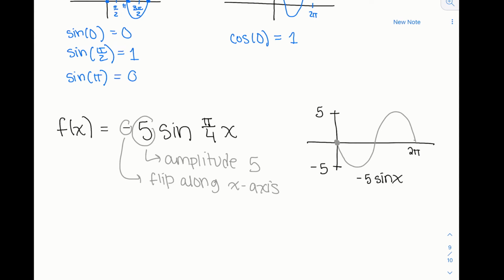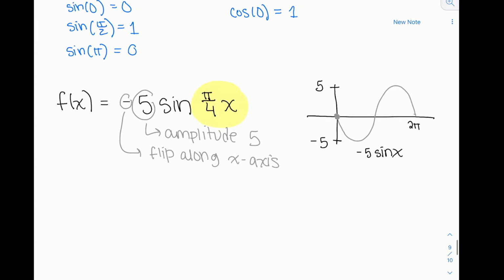But we do have a period change, so that means we're going to need to rescale the x-axis as well. So we can figure out the new period. It's going to be 2 pi divided by the value multiplied by x, which is pi over 4. Dividing by a fraction is the same thing as multiplying by the reciprocal.